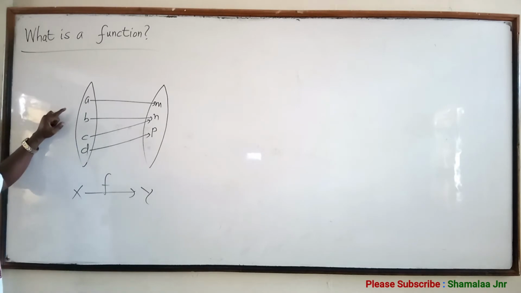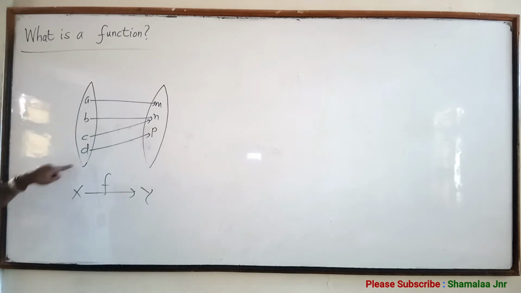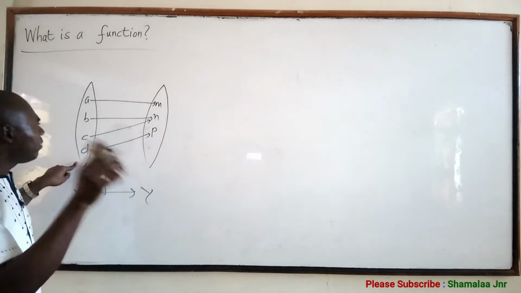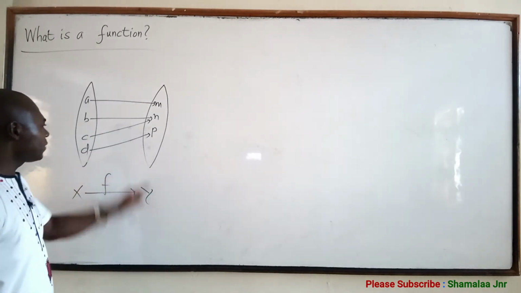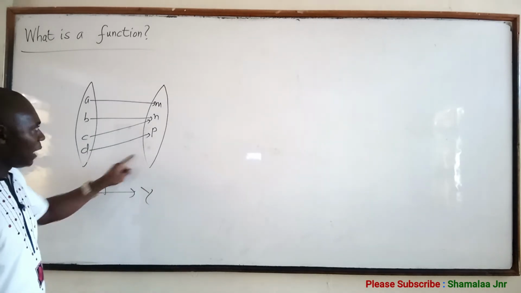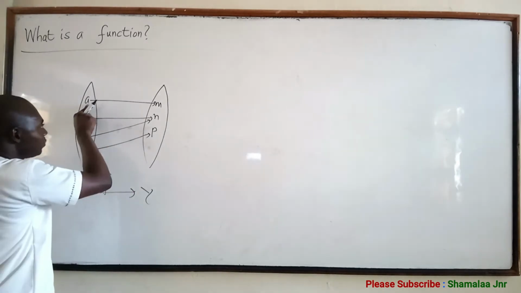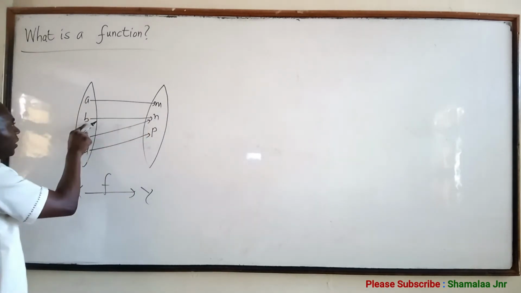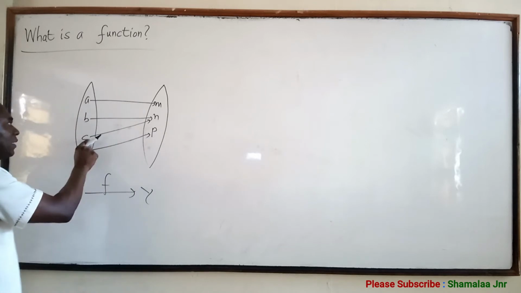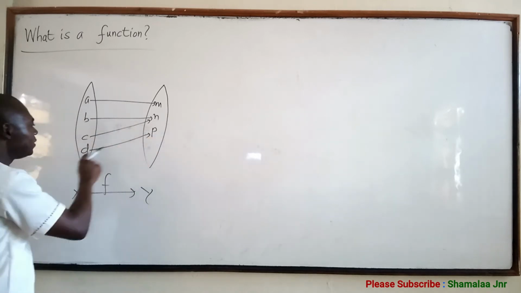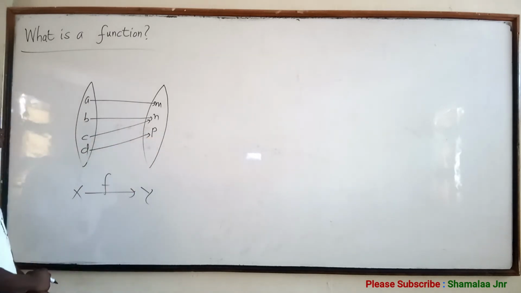What we are saying is that every member of the set X should be related to one and only one member of the set Y. So let's look at it. A is related to M, B is related to N, C is related to N, D is related to P. So this is a function.